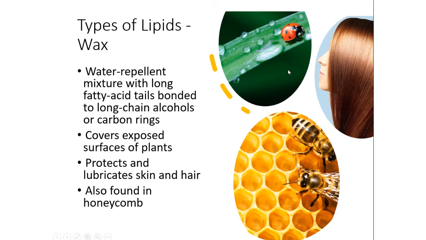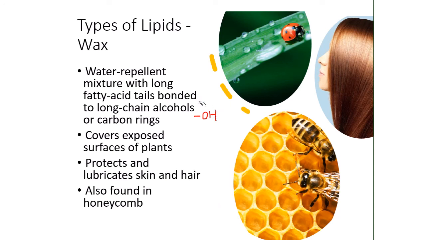The third type of lipids that we're going to look at is wax. Wax is a water-repellent mixture with long chains of fatty acid tails bonded to long chains of alcohol or carbon rings. Alcohols are basically molecules with OH in them. We kind of saw examples of these already when we talked about how monomers join together.